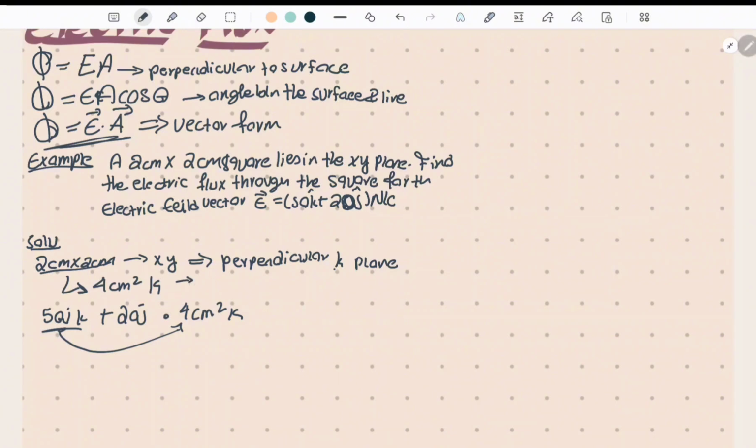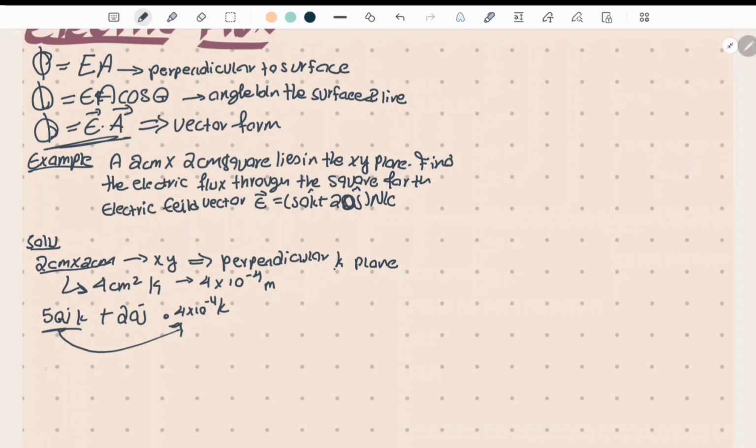I forgot to explain this, but this needs to be turned into meters, so it's going to be 4 times 10 to the power of minus 4 square meters. It won't change the answer, but the calculation has to be right, obviously.